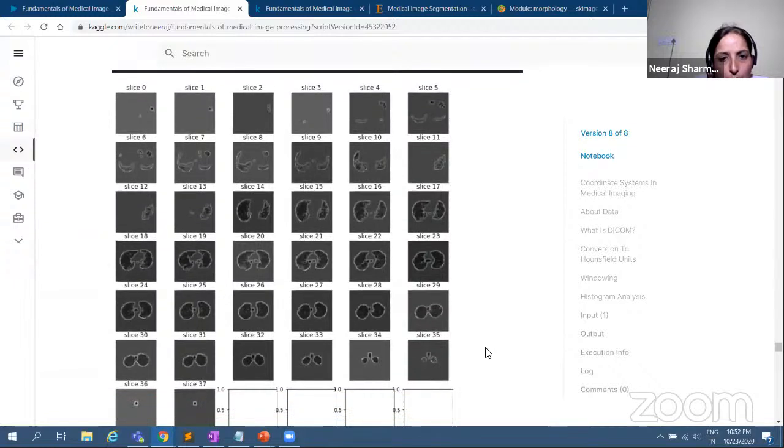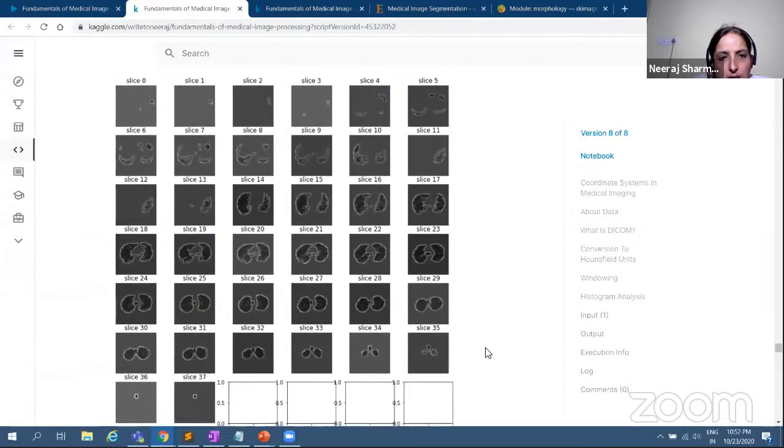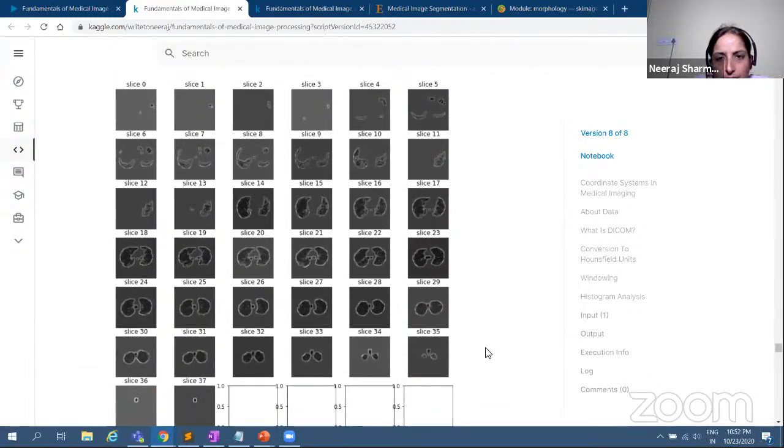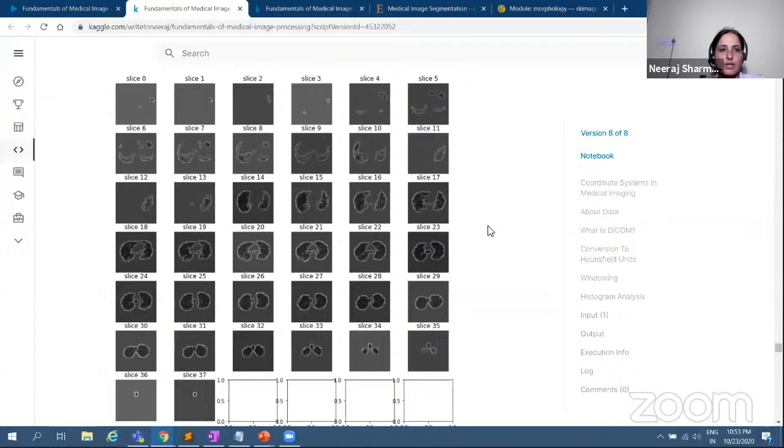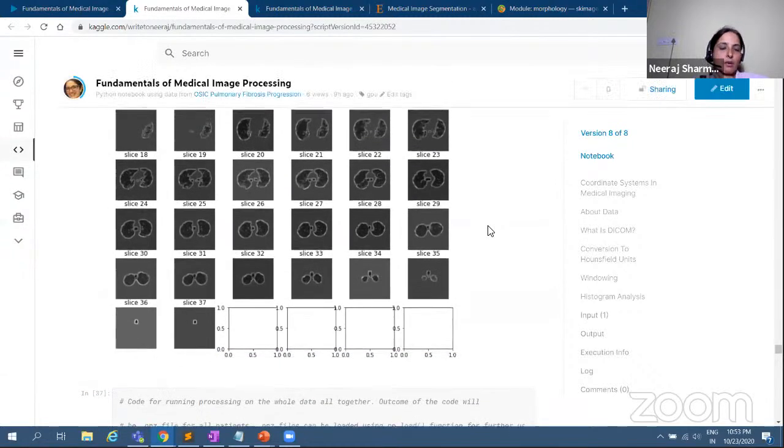So this is one problem: I suspect segmentation is having some issues, and along with that, the resampling also created some extra slices.